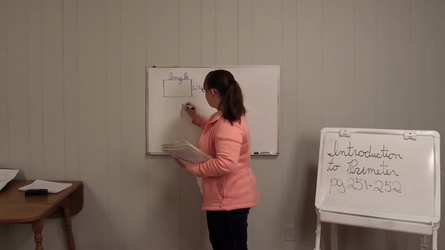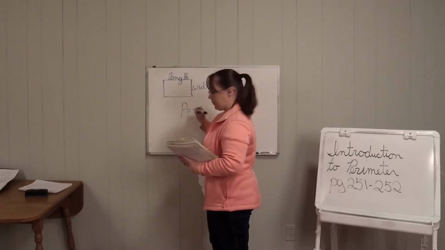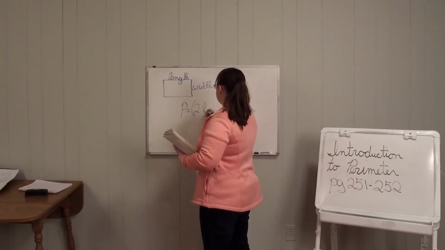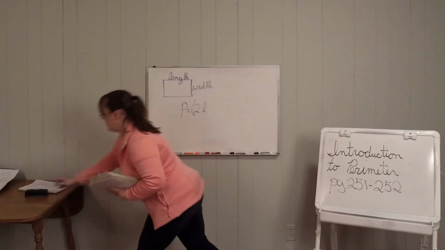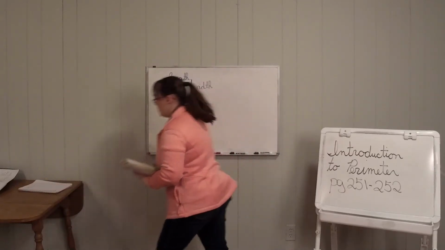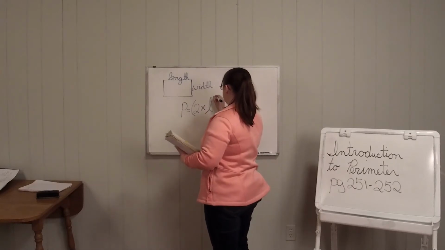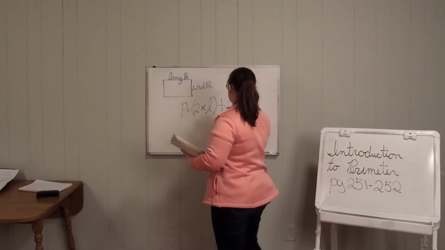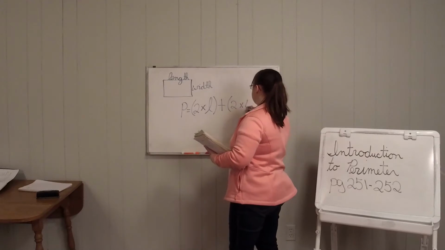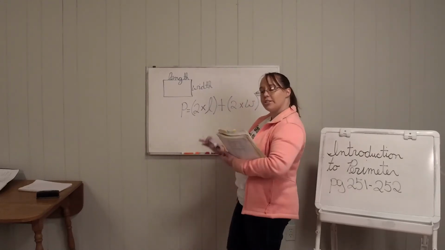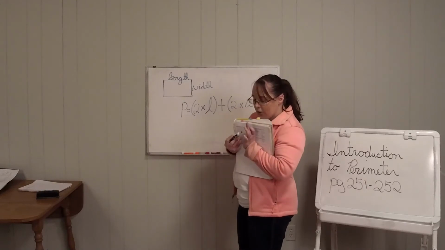So P, which is perimeter, equals 2 times length plus 2 times the width. That's when you do your parentheses first, then you add.